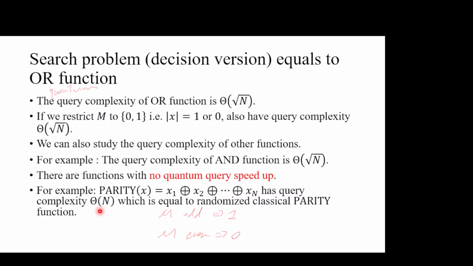And this is equal to the classical randomized query complexity of the parity function. Parity is a pretty hard function to compute because you basically need to look through every bit.